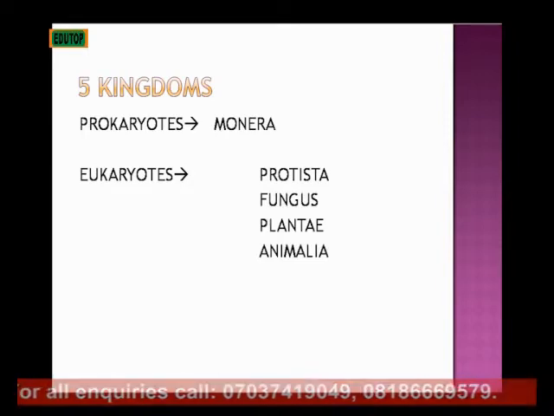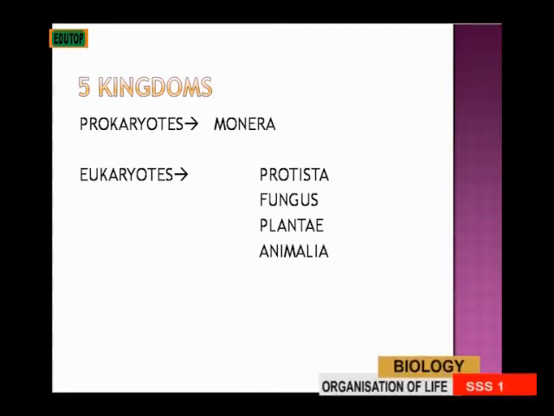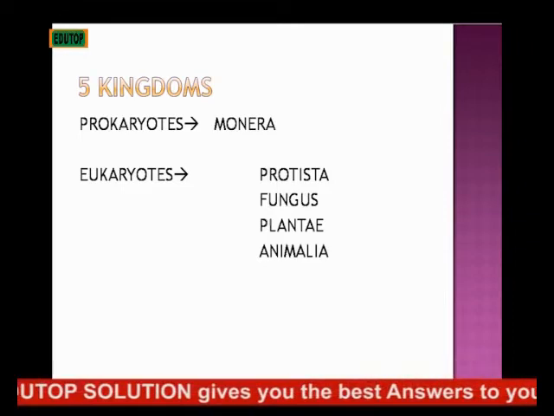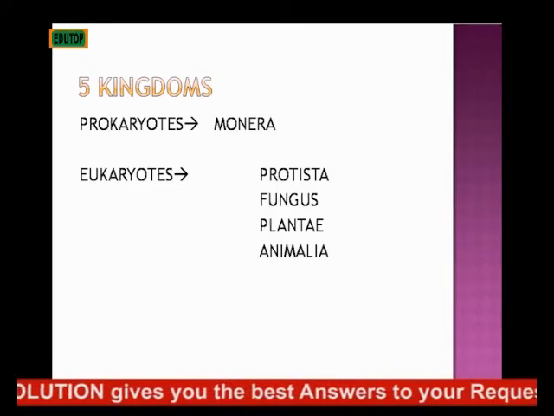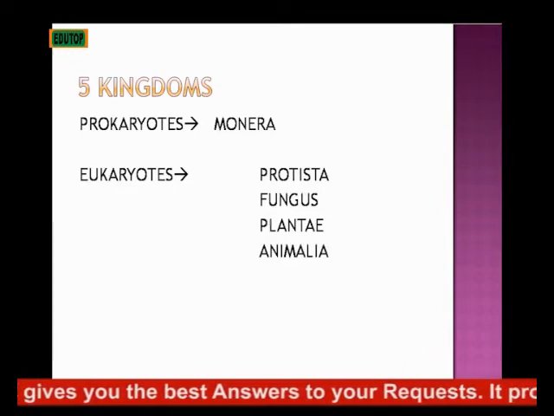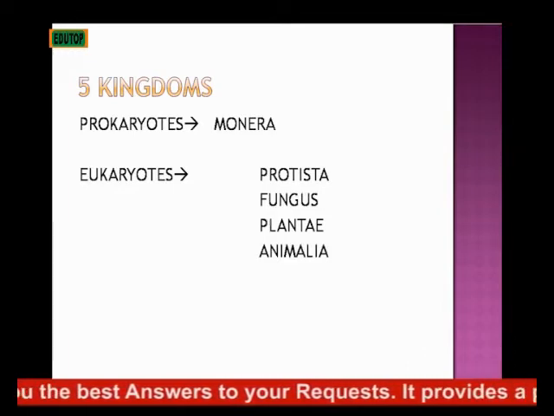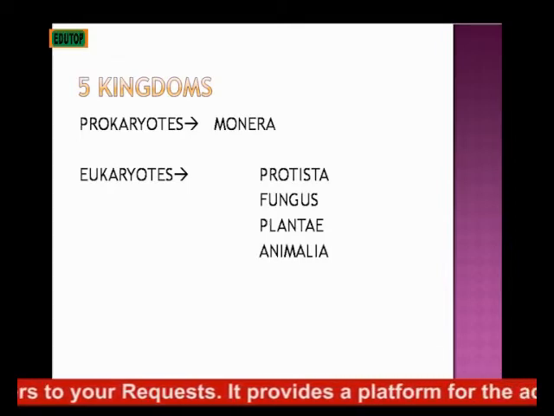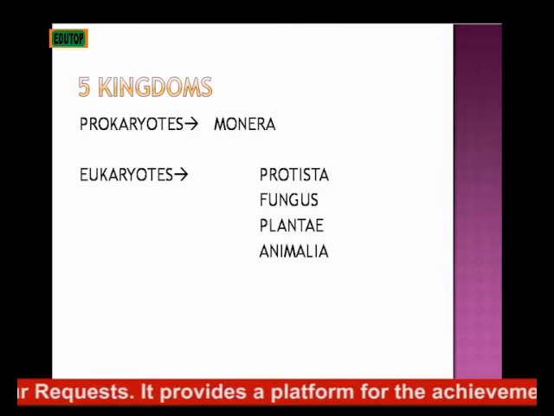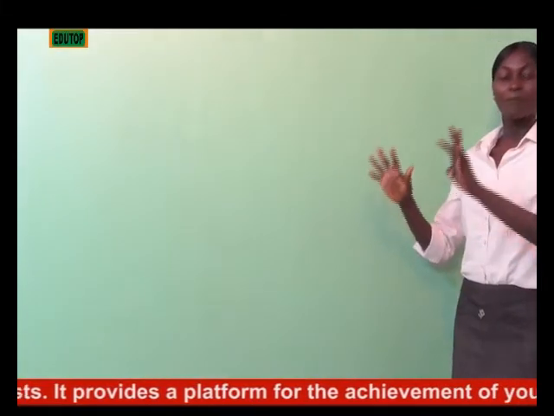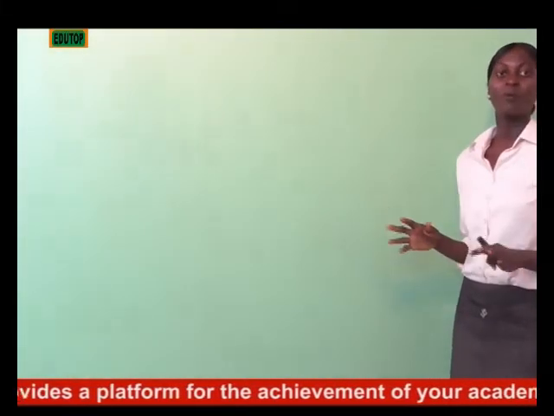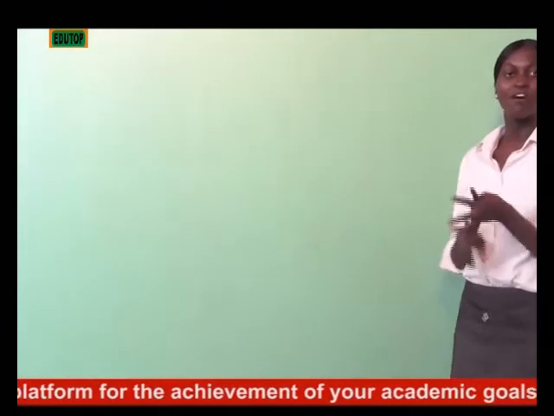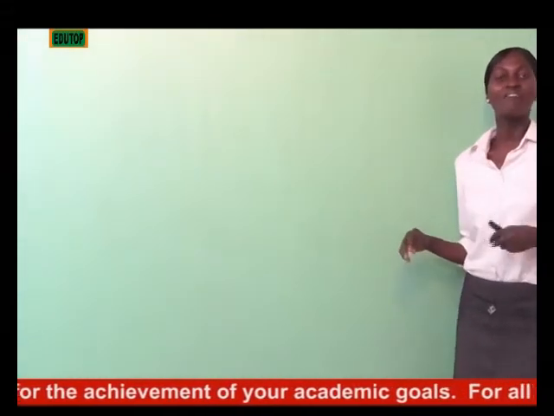The organisms that are classified as MONERA are prokaryotes. But the eukaryotes are grouped into 4 kingdoms: the protista, the fungi, the plantae, and the animalia. So there are 5 kingdoms: MONERA, protista, fungi, plantae, and animalia. MONERA is basically prokaryotes, while protista, fungi, plantae, and animalia are eukaryotes.